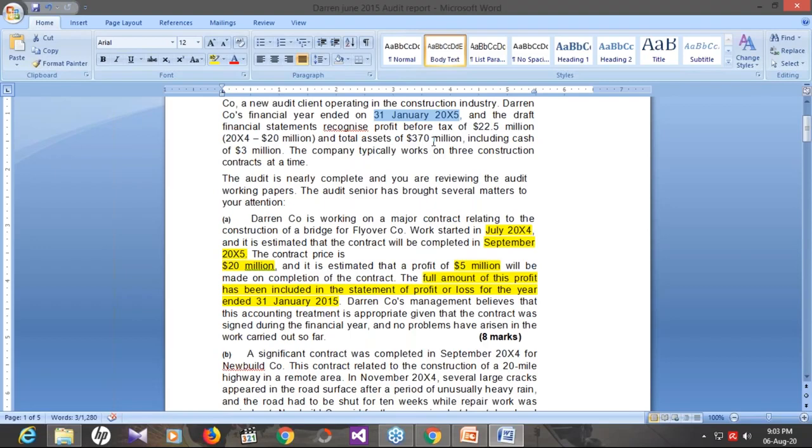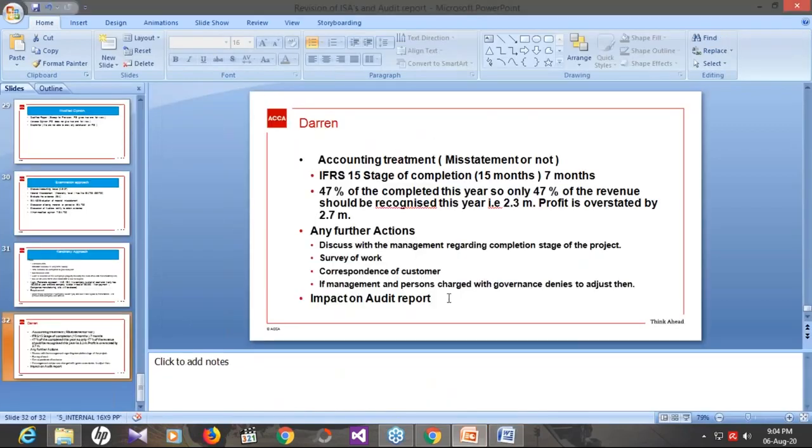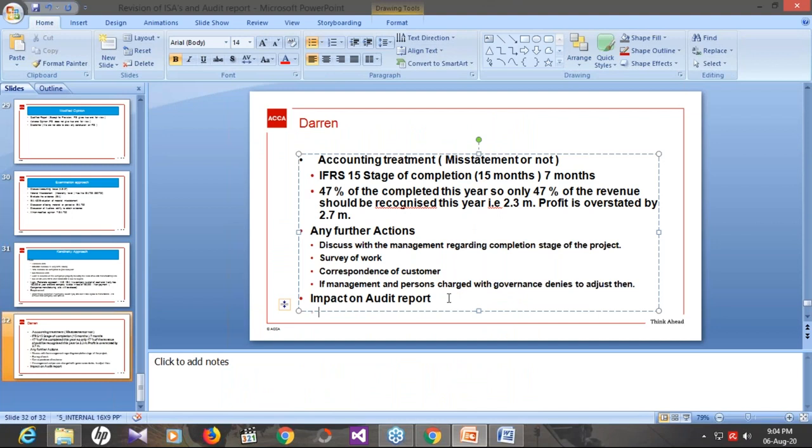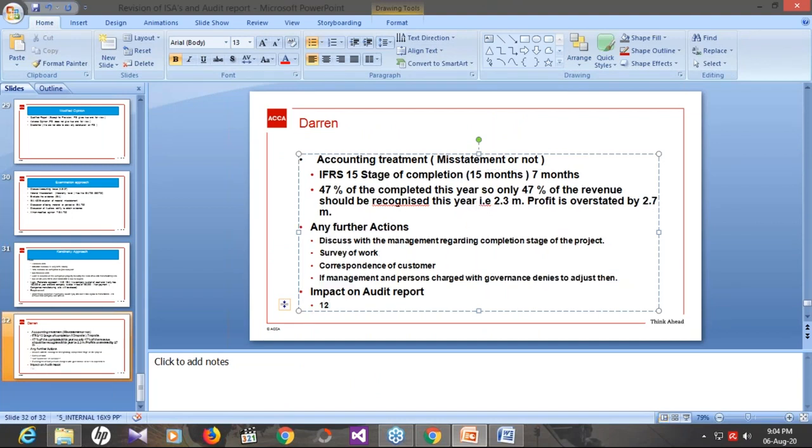So if we calculate them, we can say 2.7 million. So we divide 2.7 by 22.5. So we get 0.12. So this means that it is 12% of profit.